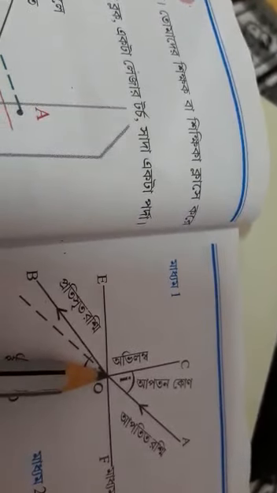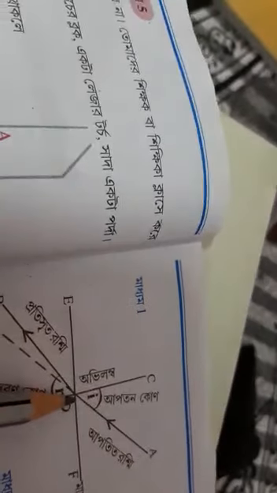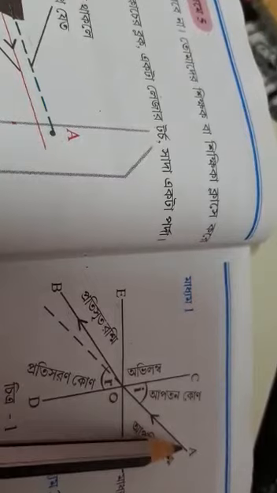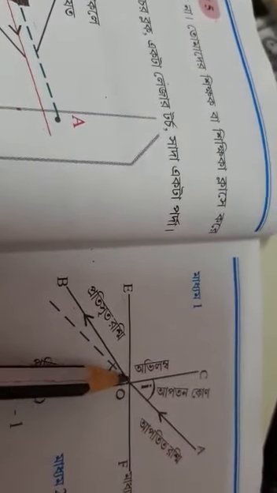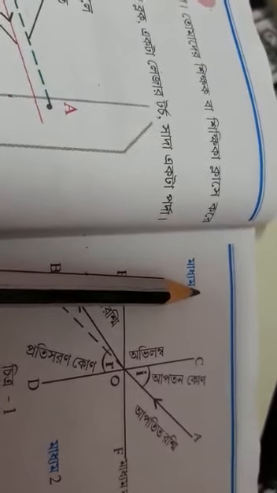And the incident ray and the refracted ray are on opposite sides. In case of reflection, we have seen that it falls here and bounces back towards this direction.